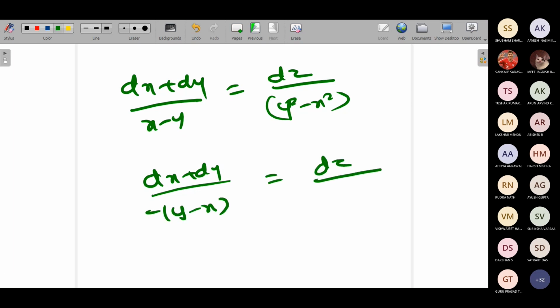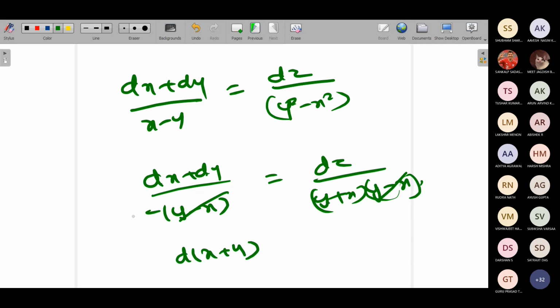This you can write as dz divided by y plus x into y minus x. Okay, y minus x can get cancelled. So you can write this dx plus dy as d of x plus y. We can bring this x plus y to this side. Minus sign is there. This is equals to dz. Now you can integrate it.